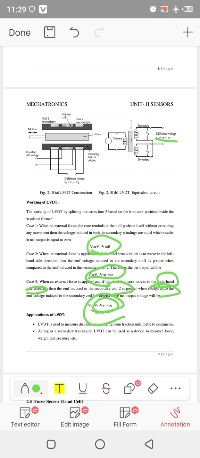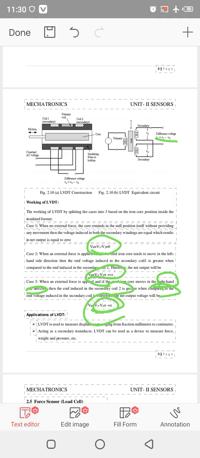If the force moves the core to the left, V1 is greater than V2 and the result becomes positive. When V2 is greater than V1, it tends to the right and our result becomes negative.